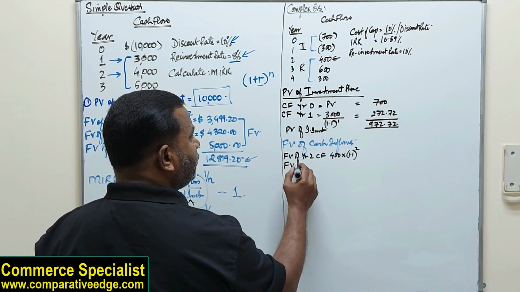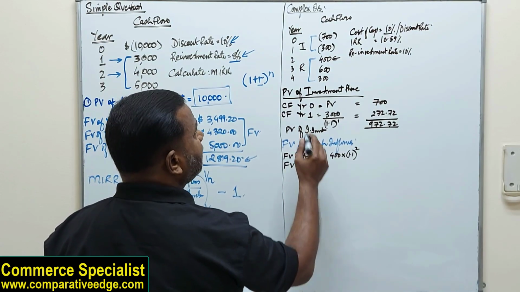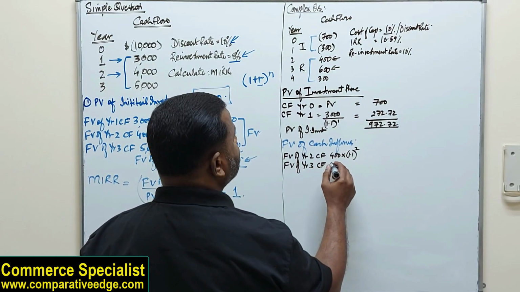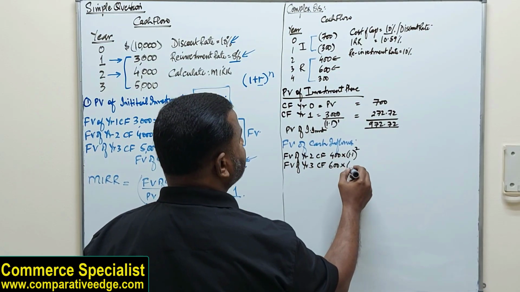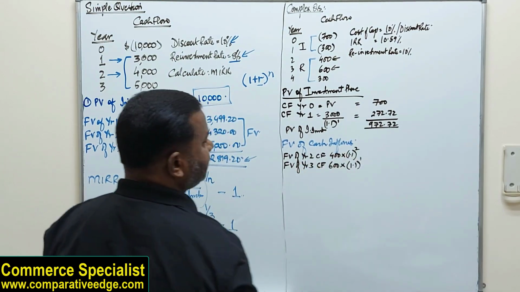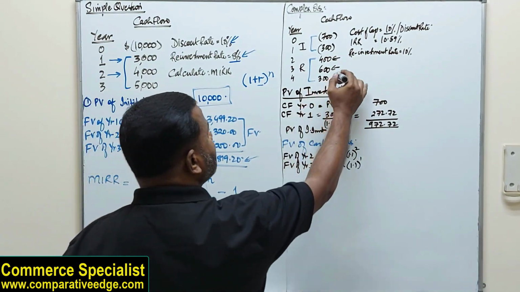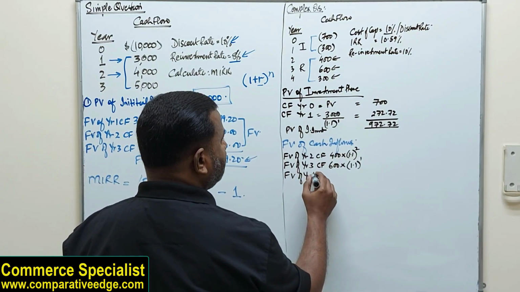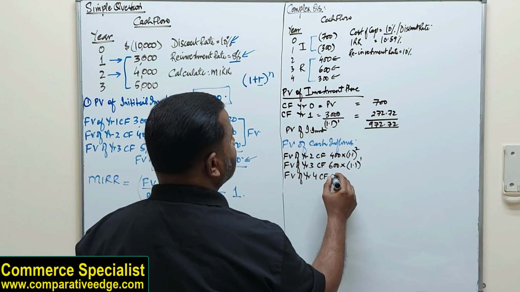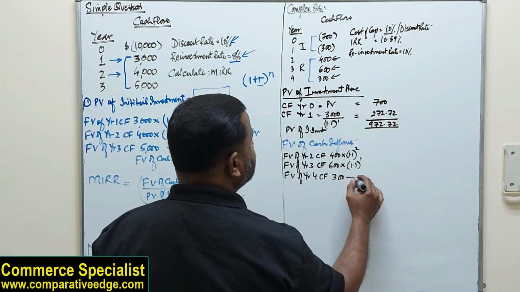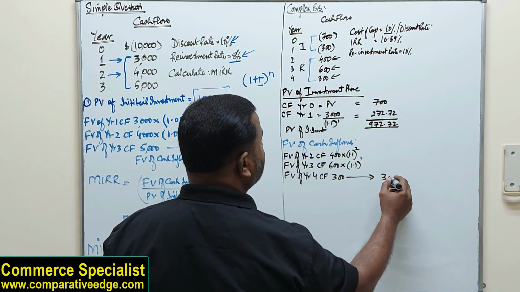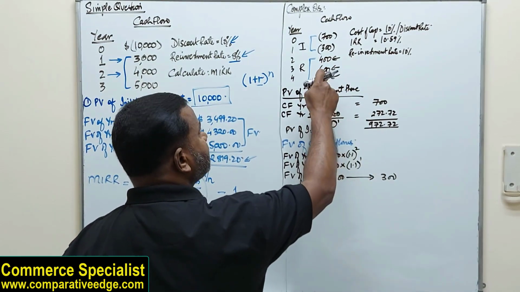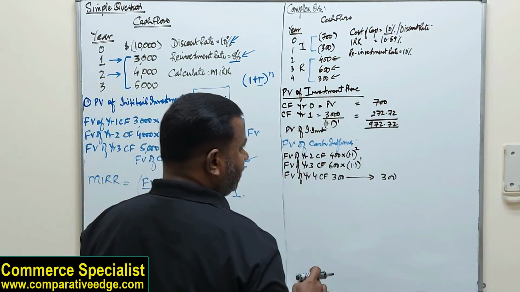And then the future value of year 3, the cash flow of year 3, which is 600, this goes invested for another 1 year. And the last cash flow, the cash flow of year 4 is 300. You don't need to do anything, it will remain 300 because it is getting in year 4 and the future value, it's not invested for any further year, so it will be 300 only.